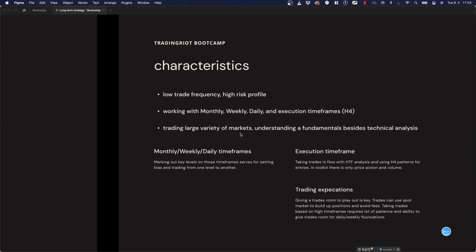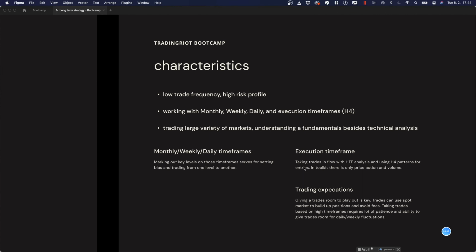You might want to think about implementing some sort of moving averages that will be used for trend following, and you will be trailing your stops based on them, because the key here is to run your trades. Not every trade is meant to be run, but a lot of them will be.